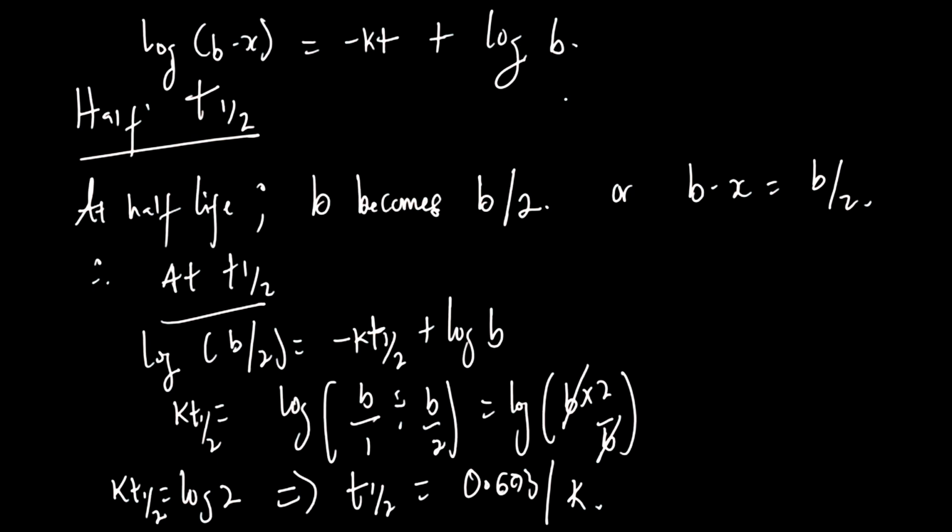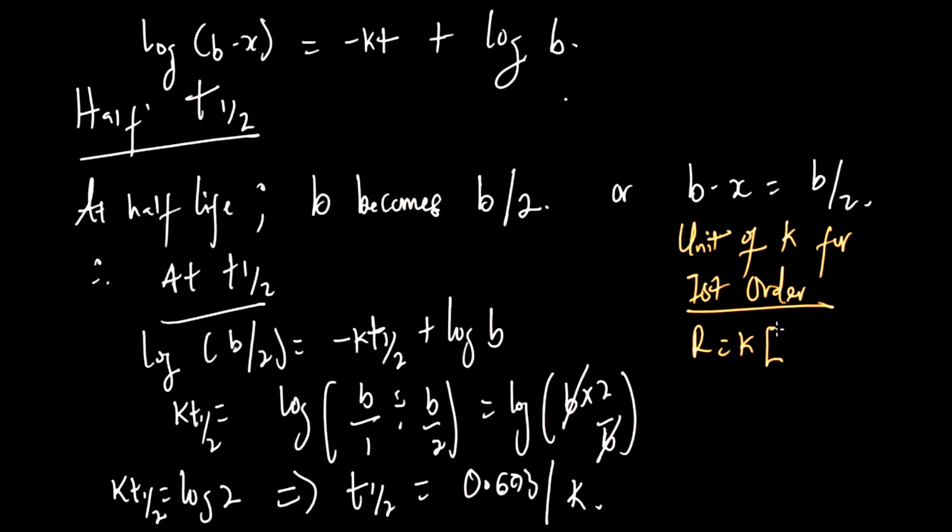So the units of the rate constant for a first order reaction: rate equals k times concentration. The rate of a reaction is molar per second, and the rate constant is unknown.